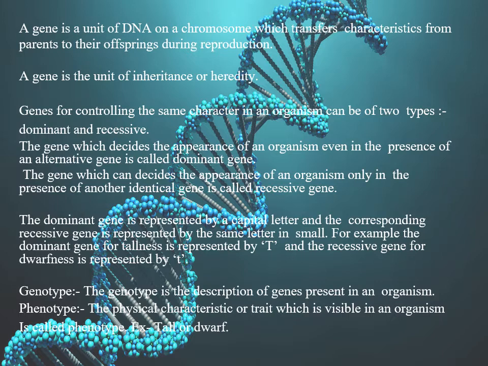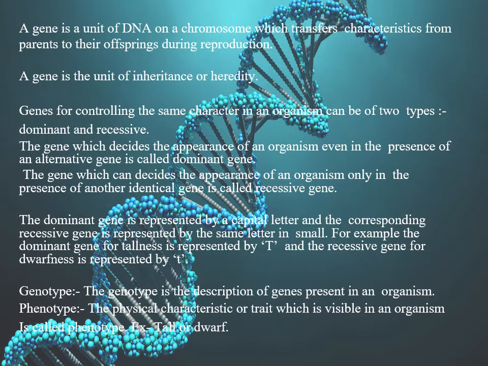So here a recessive gene and a dominant gene will be present, from the two parents, the father and the mother, where only one will be expressed. That expressed gene we call the dominant gene, and the unexpressed gene that is present together with that trait we call the recessive gene.